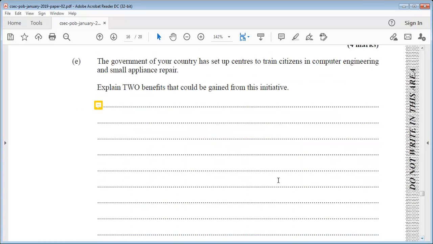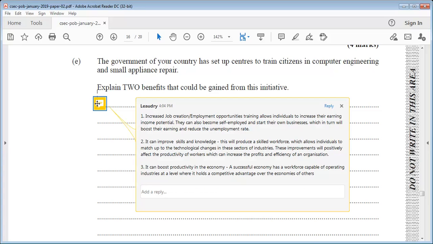The E part of the question, the final part of the question, says the government of your country has set up centers to train citizens in computer engineering and small appliance repair. Explain two benefits that could be gained from this initiative. So, what are two benefits? One, increased job creation and employment opportunities.